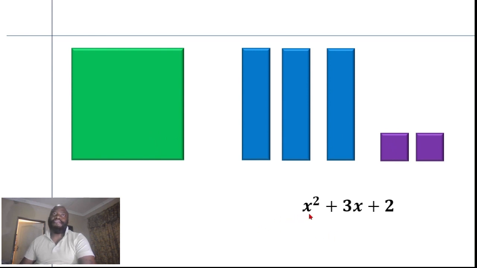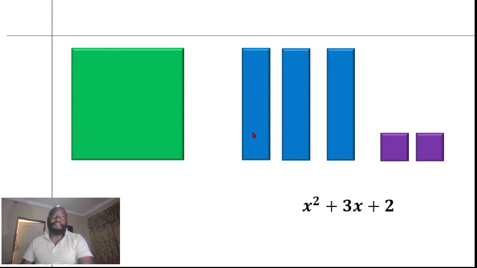Okay, now to factorize this expression, we are going to try and build a rectangle using all these pieces. So we're going to stack. Remember, the rules are along the side of the square we can only put the length of the rectangle, and along this bottom side of the square we can only put the length of the rectangle.